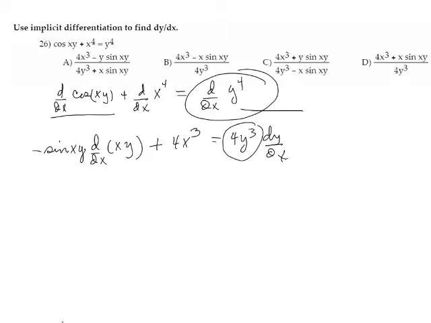Now we need to continue this, and we get minus sine of xy. d dx of xy is going to be x dy dx using the product rule plus y times d dx of x, which is just simply 1.